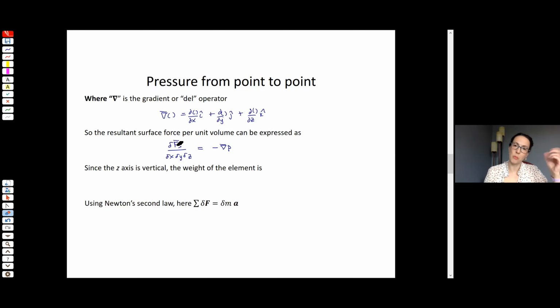And over here, pressure is a scalar. It's not a vector, because we just proved that it's the same in every direction, right? So it's just a scalar quantity. It does not depend on direction. But we've got a vector on the left-hand side, so we need a vector on the right-hand side. That's when you have to remember that del is a vector quantity.